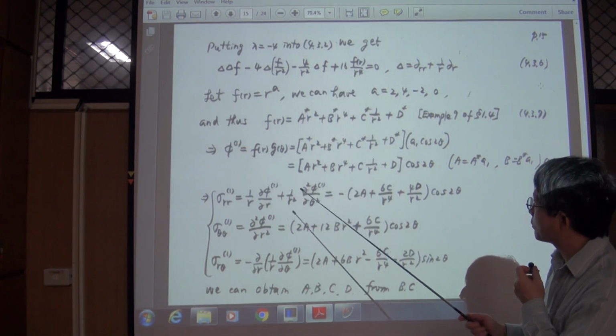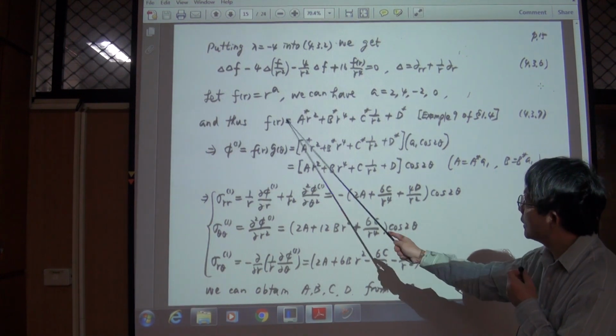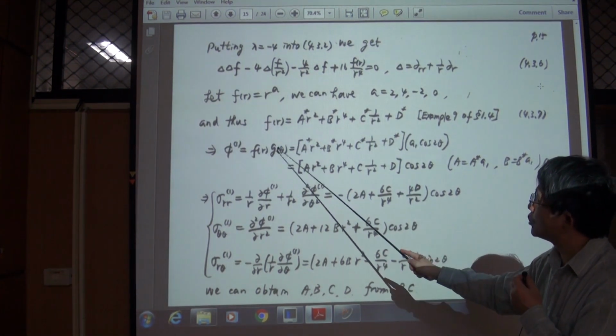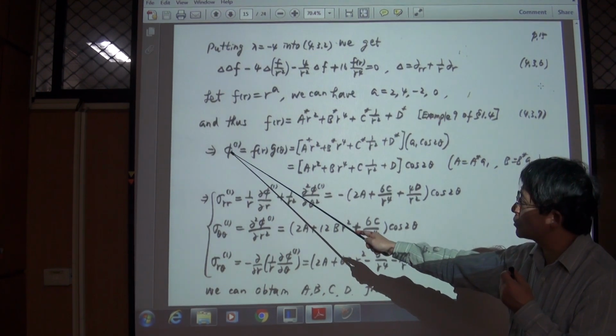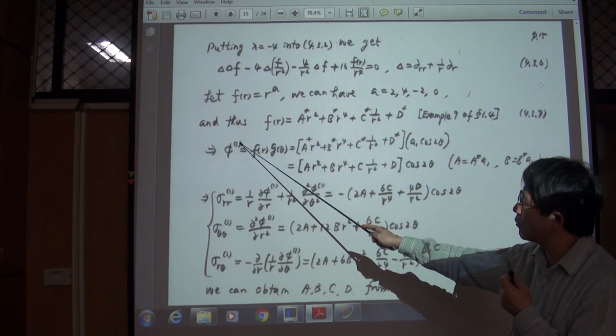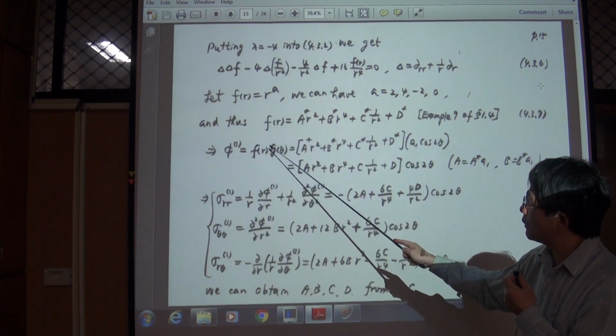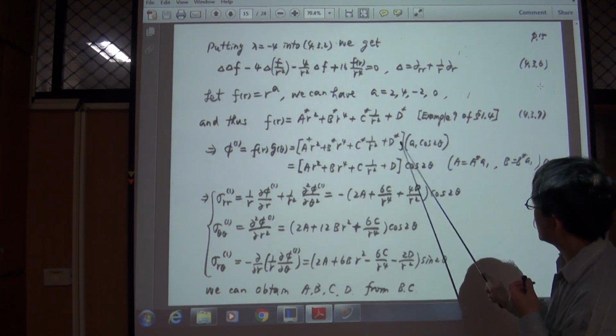Okay, up to now we had already obtained the functions f and g, right? So we write the stress function phi bracket 1 equal to fg, and this is f and this is g.